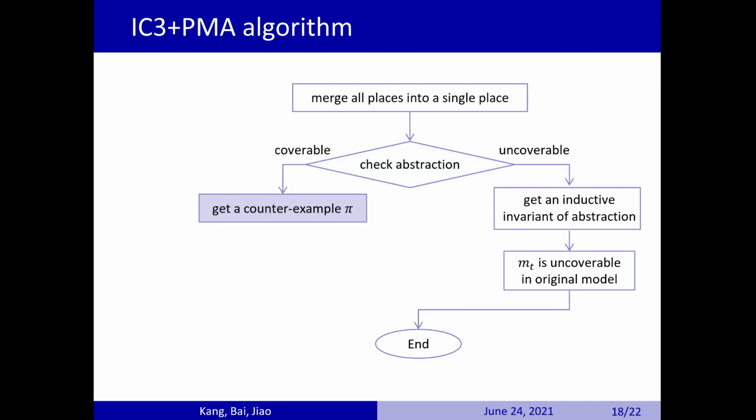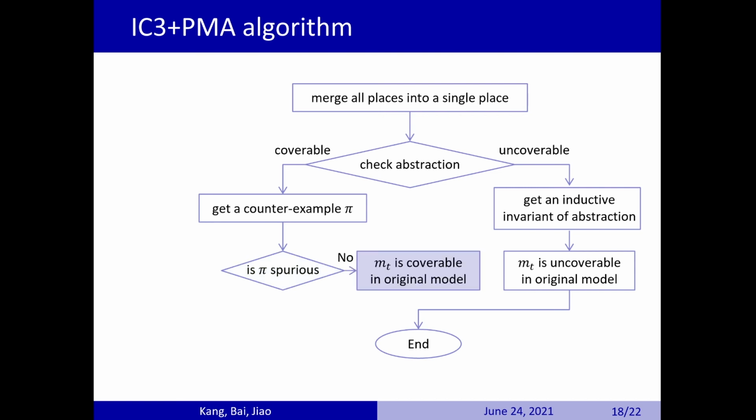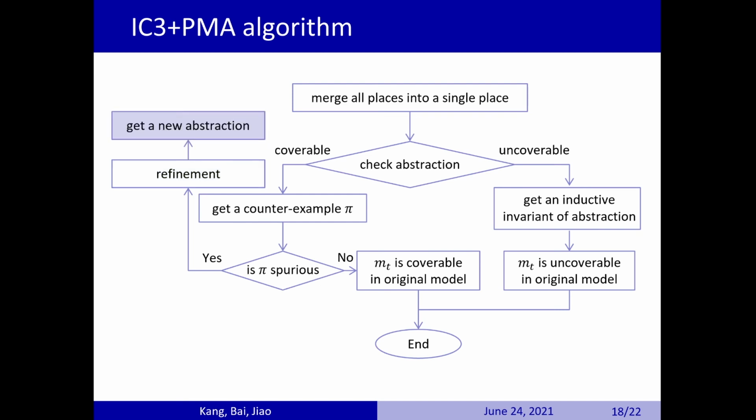Otherwise, if coverable in the abstraction, we can get a counterexample pi, and then it's necessary to check whether the counterexample is spurious in the original model. If not spurious, MT is coverable in the original model, then SC3 plus PMA ends. But if spurious in the original model, we need to refine the current abstraction according to the spurious counterexample and get a new abstraction. Then continue checking the abstraction by SC3 until SC3 plus PMA ends.